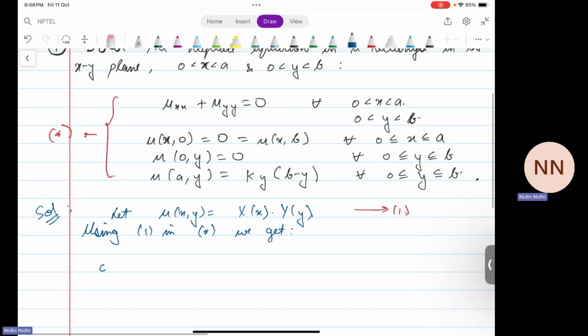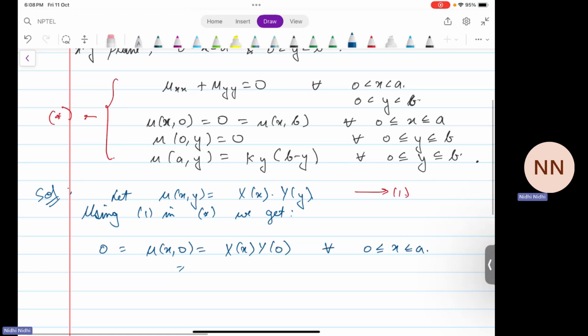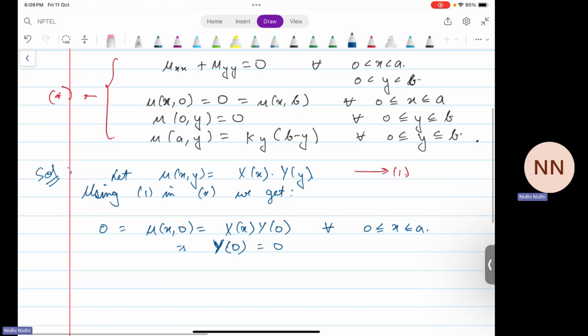So we have 0 is equal to u(x,0), which is X(x)Y(0) for every 0 less than or equal to x less than or equal to a. Now this gives us that Y at 0 must be equal to 0, because otherwise X will be 0 for every x, and that will give us the trivial solution. So for non-trivial solution we must have Y at 0 is 0.